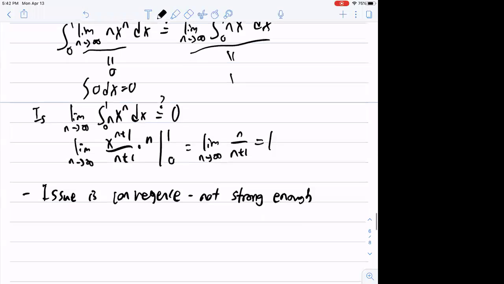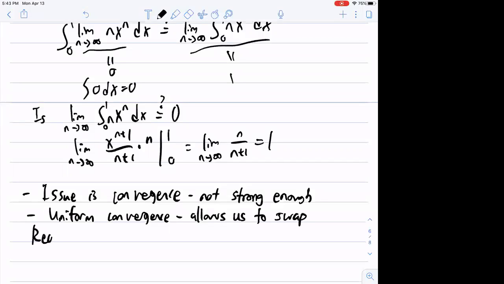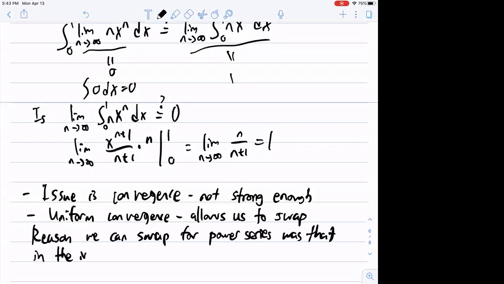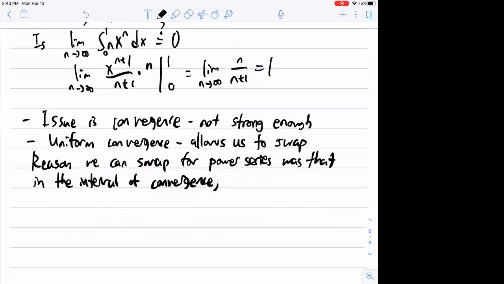So basically the motivation is uniform convergence, kind of like uniform continuity, a little bit stronger, uniform convergence. Basically the motivation is it allows us to swap. So the reason we can swap for power series was that in the interval of convergence, our series converges uniformly.